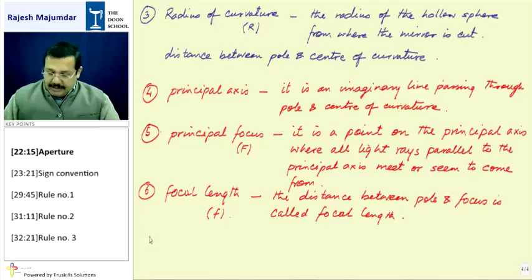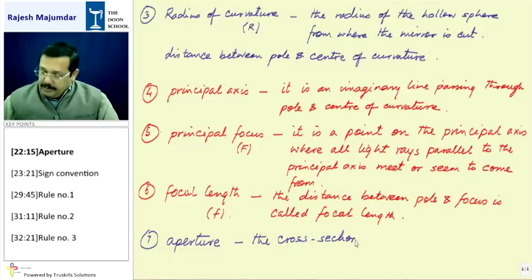And 7th is aperture. The cross section visible to all light rays is called aperture.